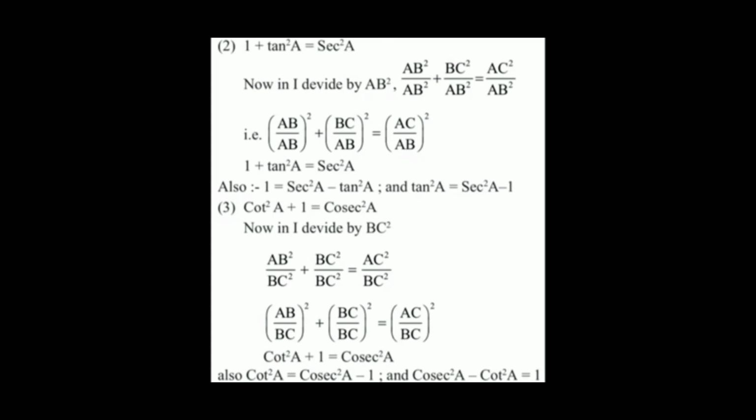We get cot square A is equal to cosec square A minus 1, and secondly by shifting cot square A we get cosec square A minus cot square A is equal to 1.